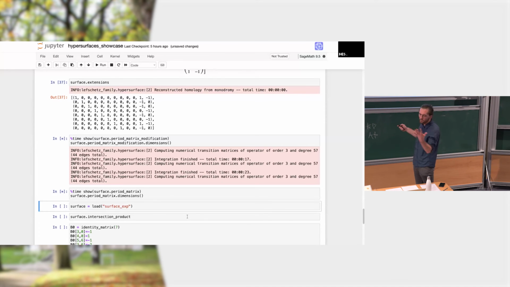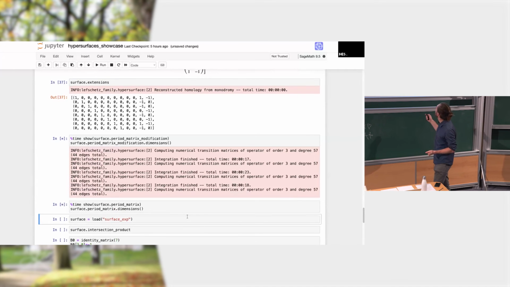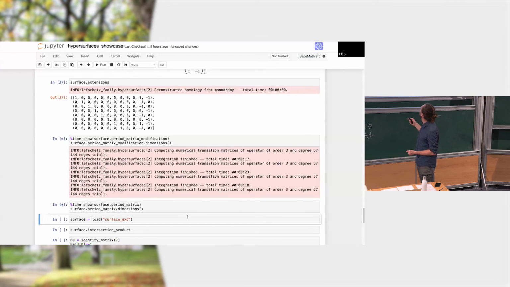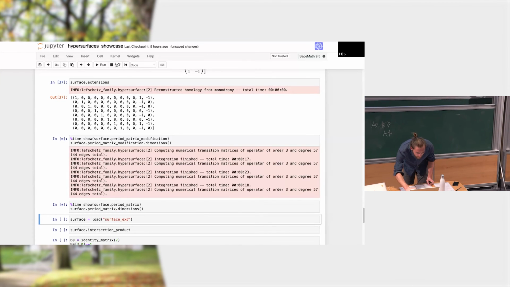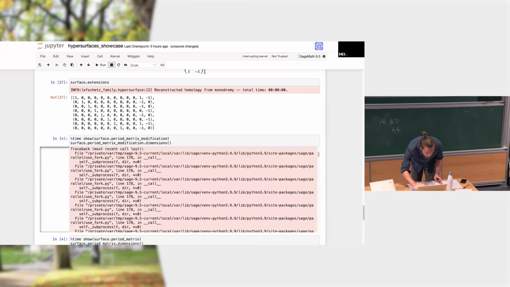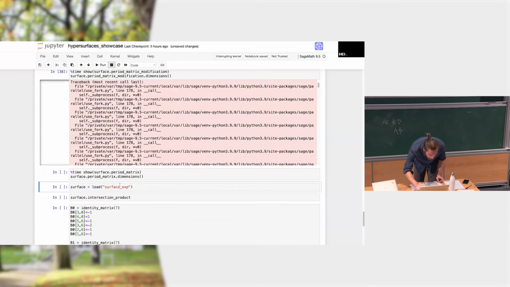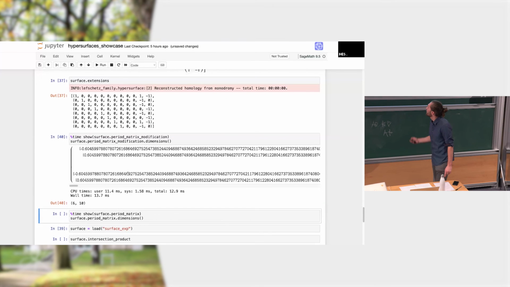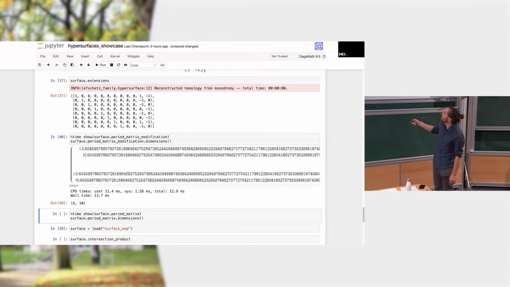There are 6 forms to integrate in total. It's already done 4. Maybe let me skip. This would take roughly 2 minutes in total, but I'm just going to load the results. And in the end, you get this period matrix, which, as you can see, is not square.